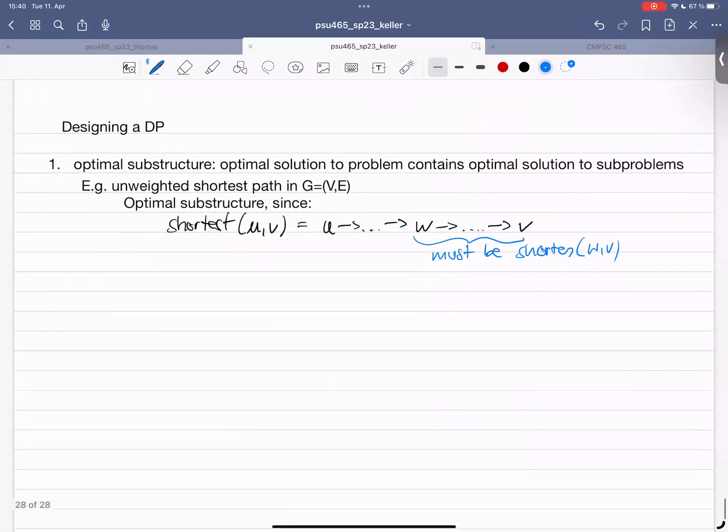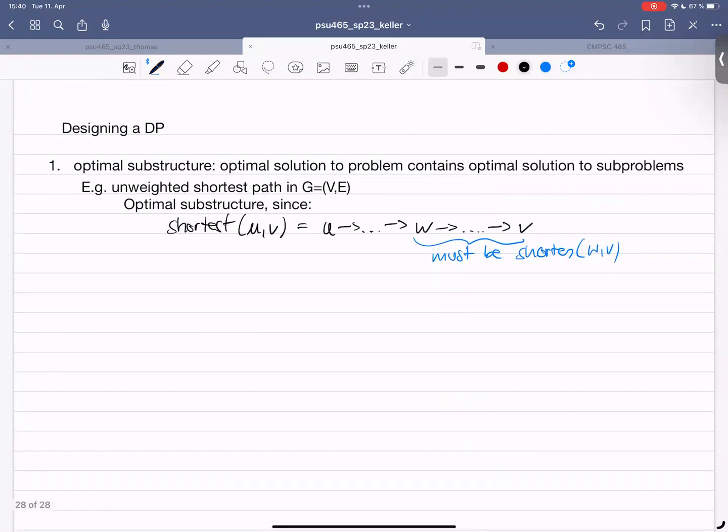How about another example? We look at the unweighted longest simple path. So you're going to look for a simple path that doesn't visit any vertex more than once.